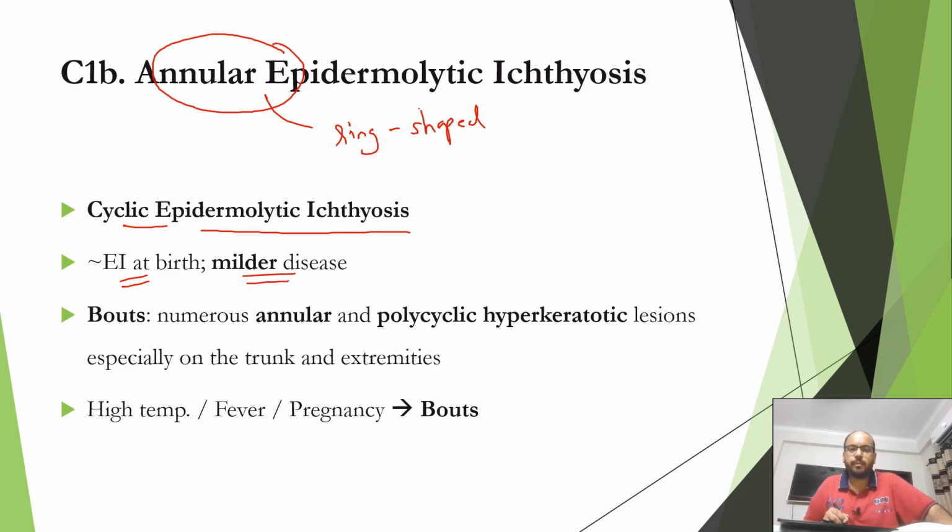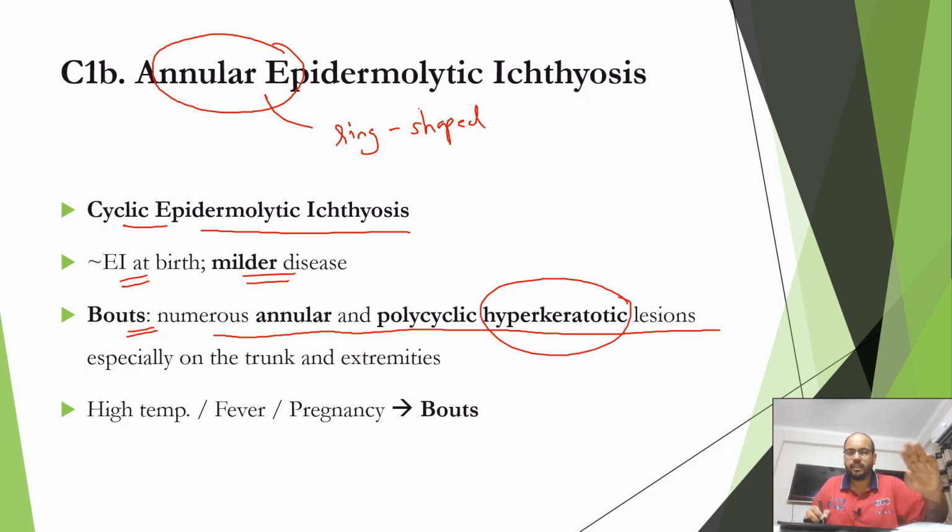In this annular epidermolytic ichthyosis, you have bouts. Bouts means episodic. So there are episodes of numerous annular, ring-like, and polycyclic hyperkeratotic lesions, especially on the trunk and extremities, and these bouts can be precipitated by high temperature, fever, or pregnancy.